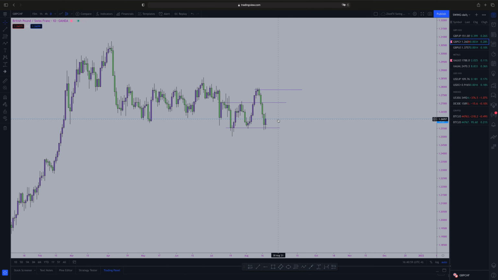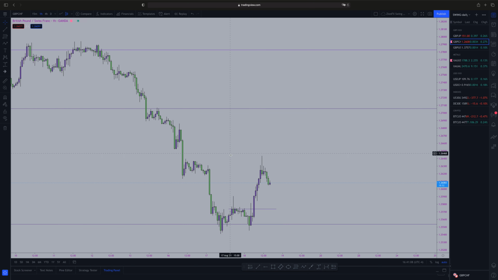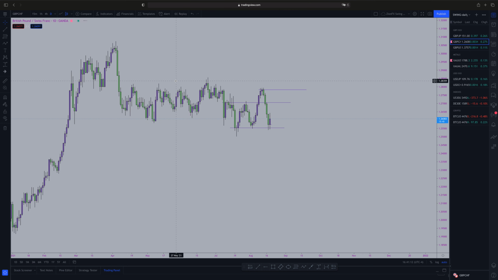And if you even go back to backtest it, I'm telling you, you can see it clear as day. The 1 hour broke structure. When it broke structure, guess what you have? Daily bullish candle.